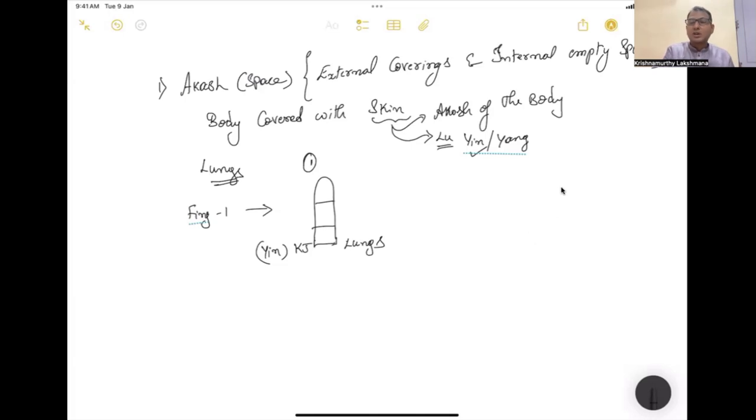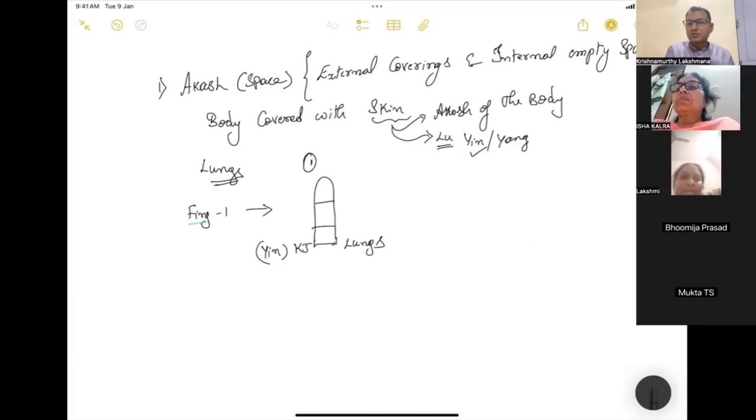Sir, you started off with Akash and skin that's governed by lungs. Until then, I understood the correlation. How lungs went to Kapha joint is where I'm a little stuck. Lungs is what type of organ? A yin organ, right? It is a continuously working organ. What is a yin organ?